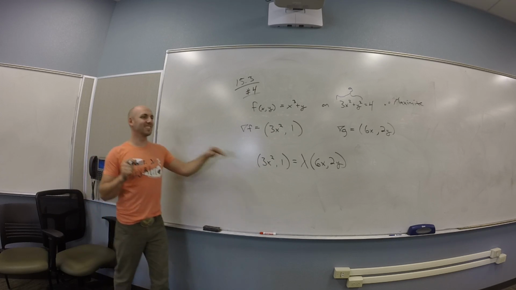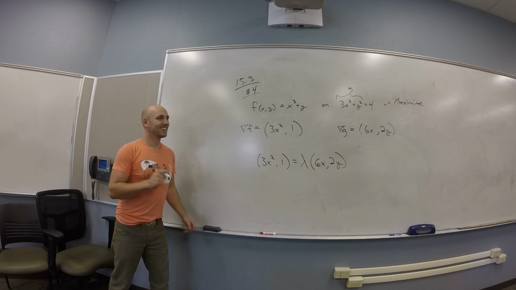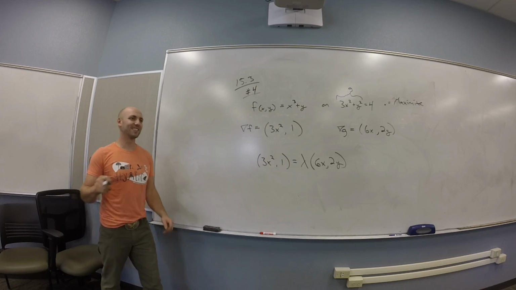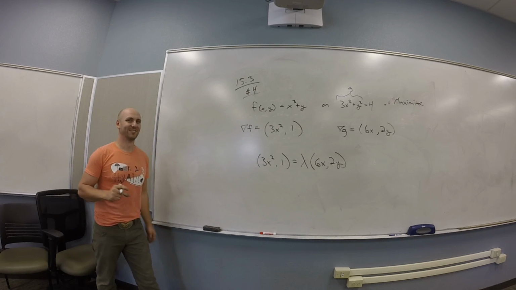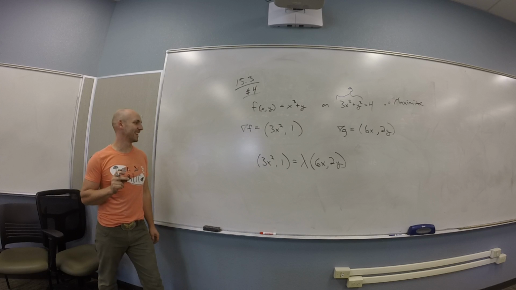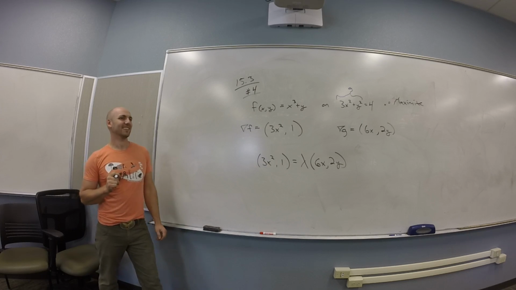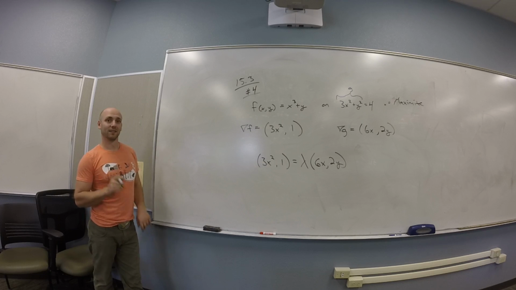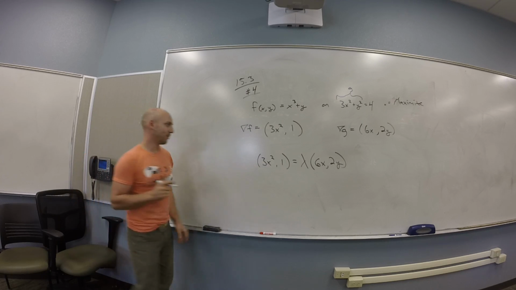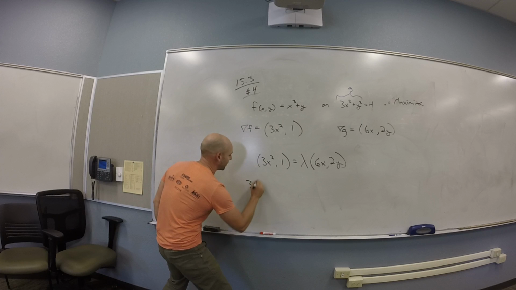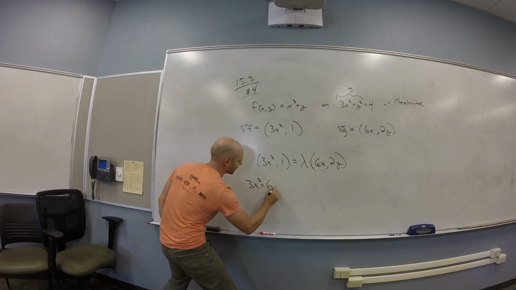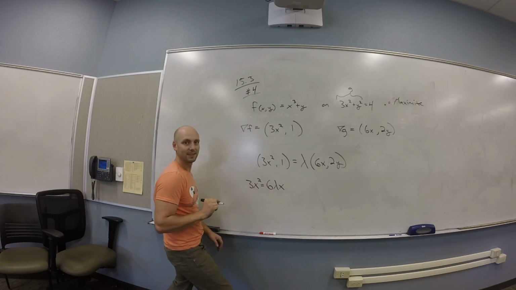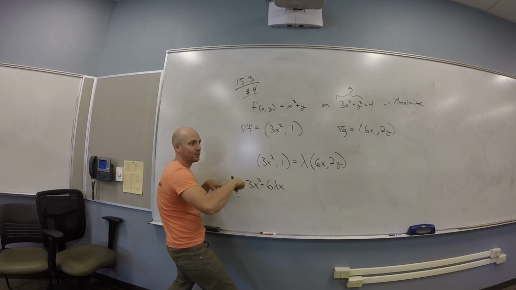Yeah, that's actually 6 points, because you're doing Lagrange multipliers and you seem to know what you're doing, which is a big plus, even if you can't solve anything. So, now what do you do? Distribute the lambda, so you get 3x squared is 6 lambda x. That's out of the x components, right?